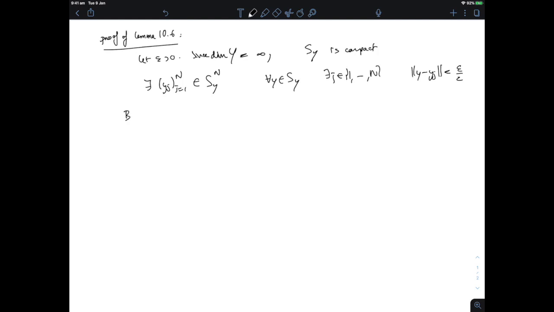Okay, so I have these elements that provide the centers of balls covering the unit sphere of Y, and by Hahn-Banach, I can find norming functionals for these y_j.